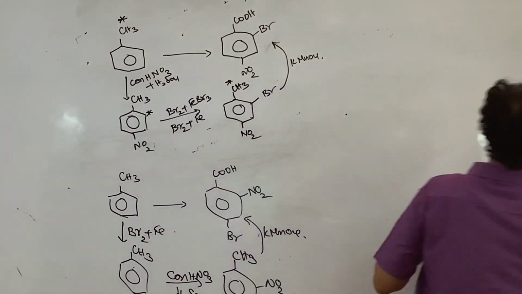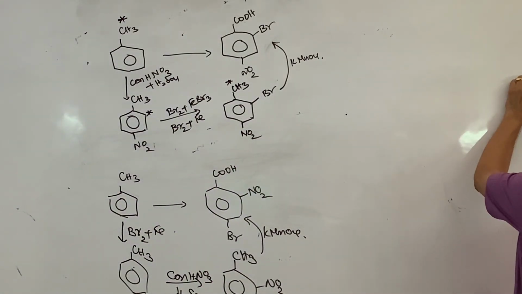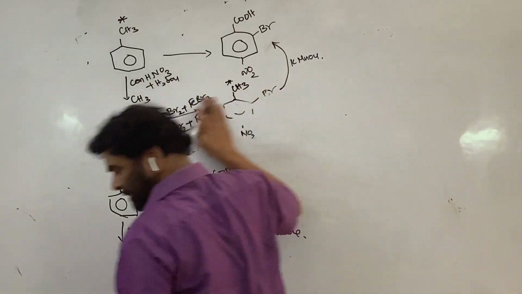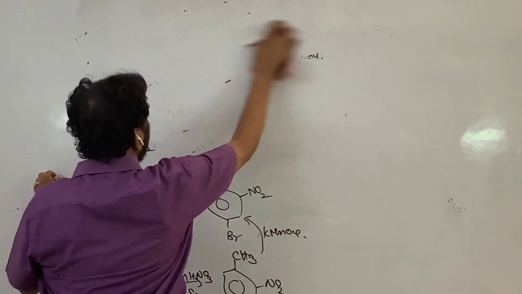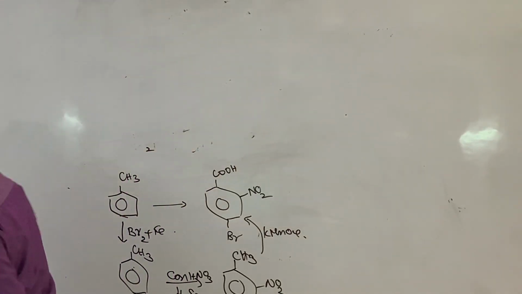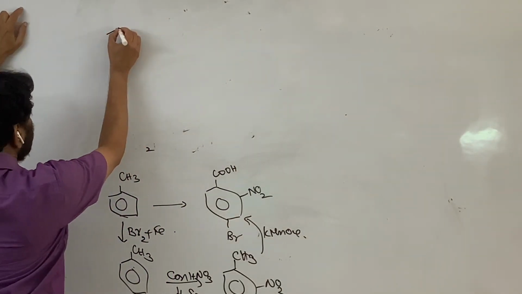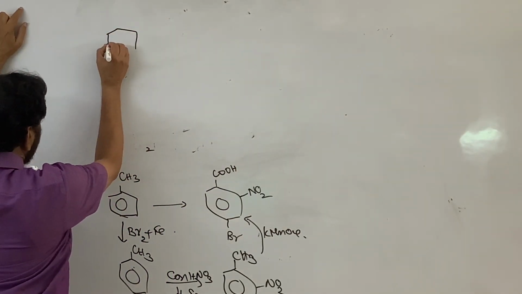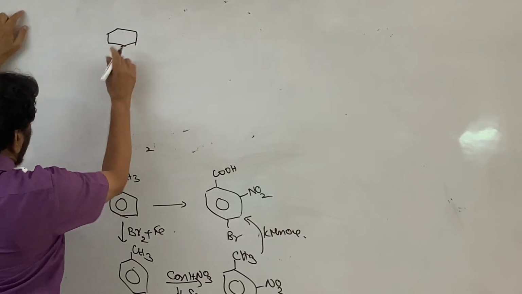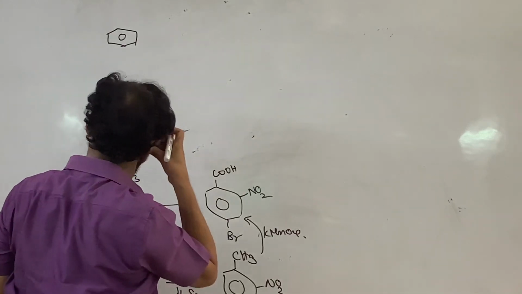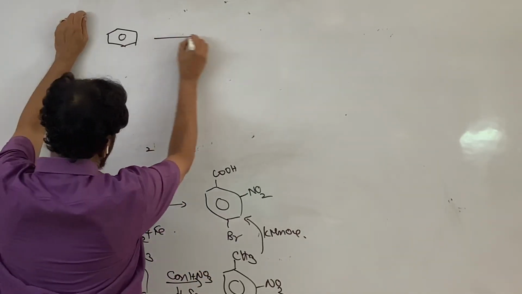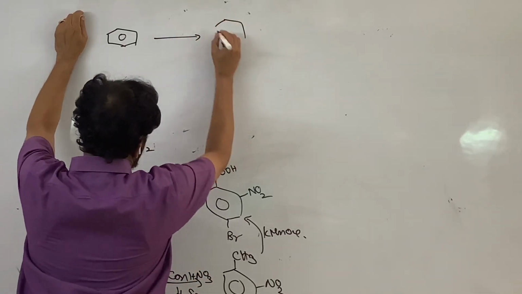The next conversion is bromonitro. Benzene to, oh, this is the benzene. This is the toluene.